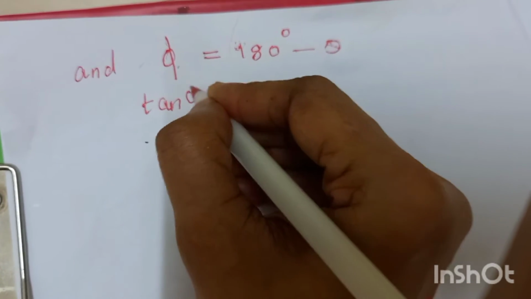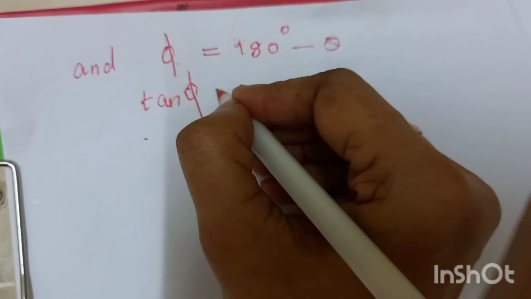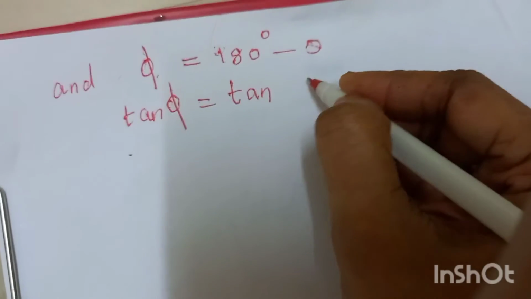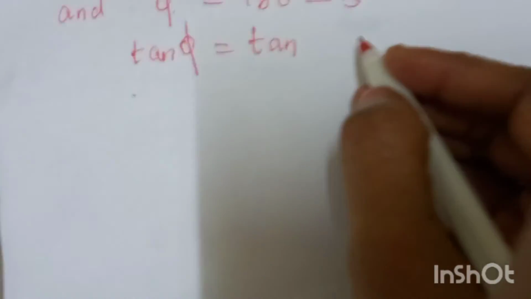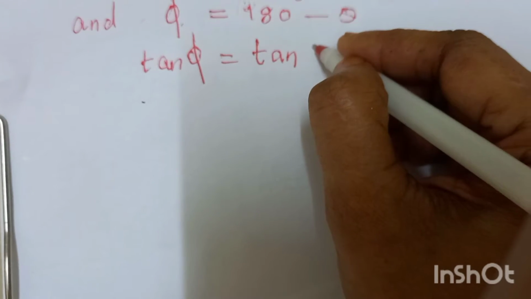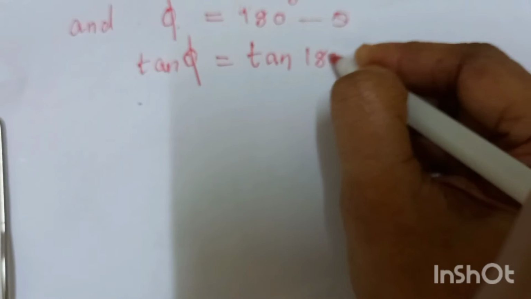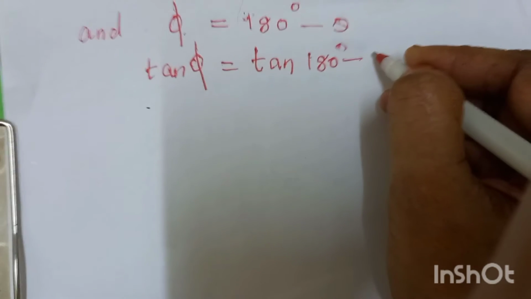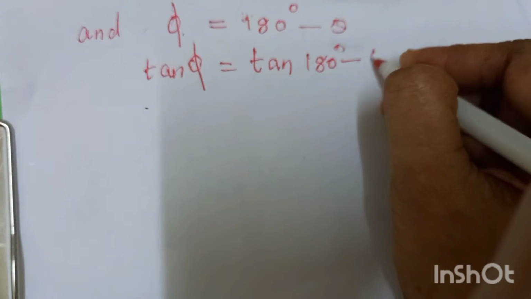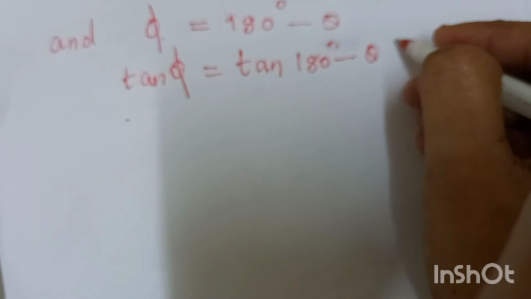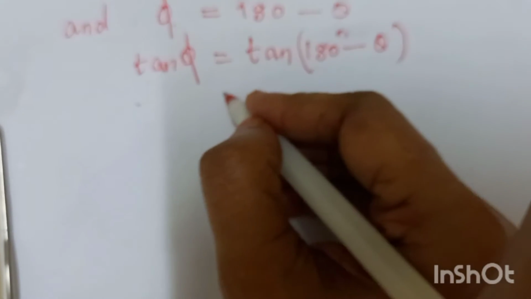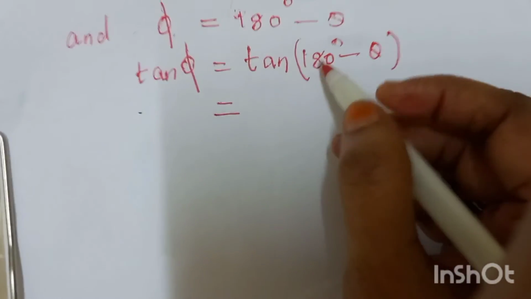Tan phi is equal to tan of 180 degrees minus theta. So tan of 180 degrees minus theta is equal to how much?